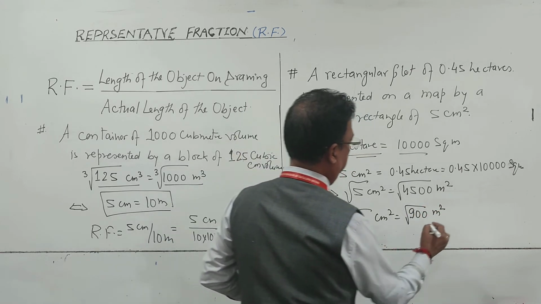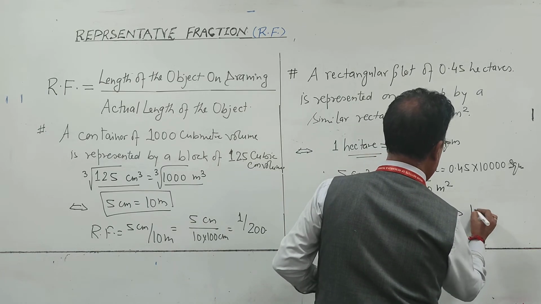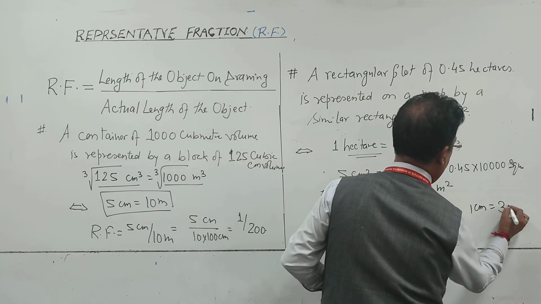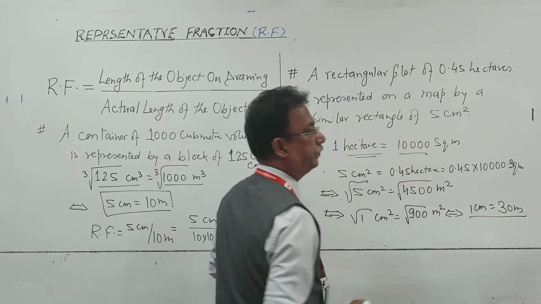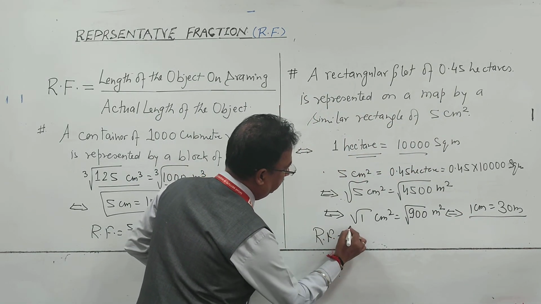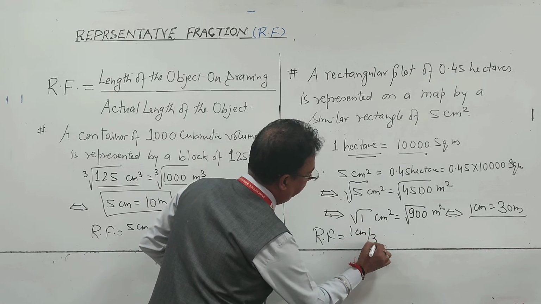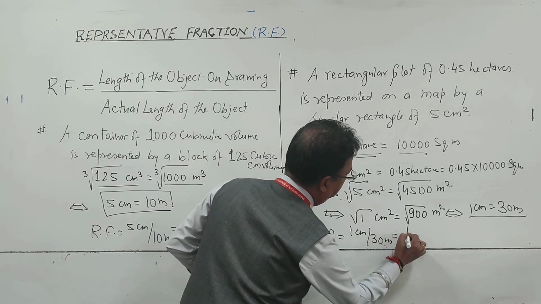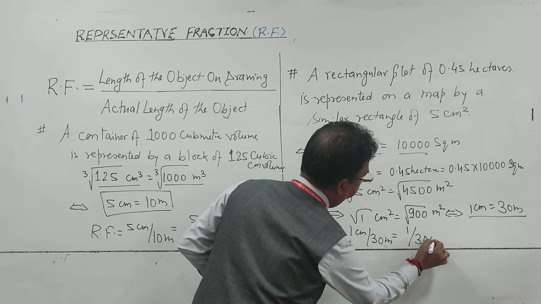Now square root this. So you get 1 centimeter equal to 30 meter. Now you can easily find out the RF. RF for this scale will be 1 centimeter divided by 30 meter. So that is 1 upon 3000.